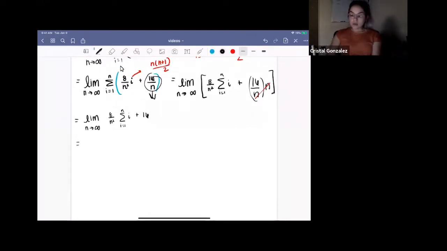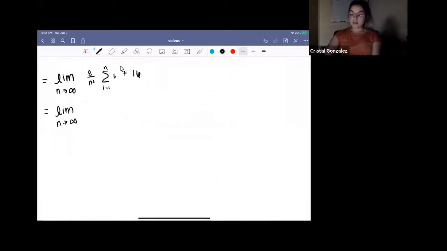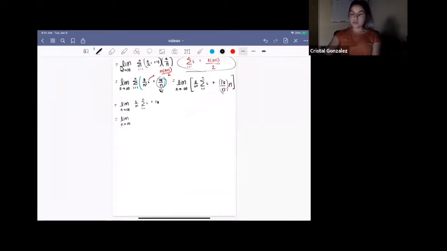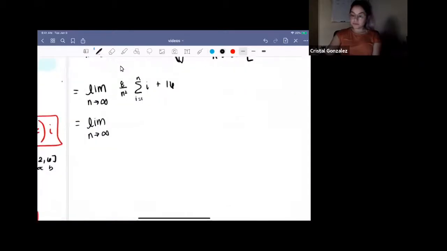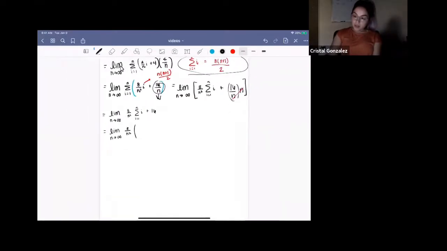Now I'm going to replace the sum of i equals 1 to n by its appropriate formula here, so we can evaluate. So this 8 over n squared is still going to be here. But now instead of writing this sum, I'm going to write n times n plus 1 all over 2.